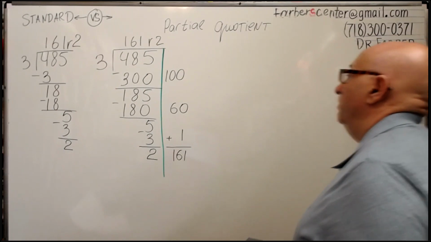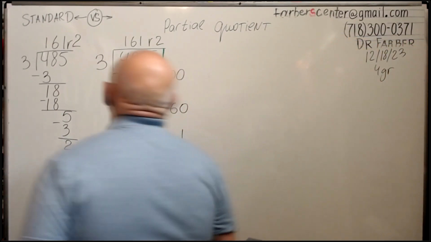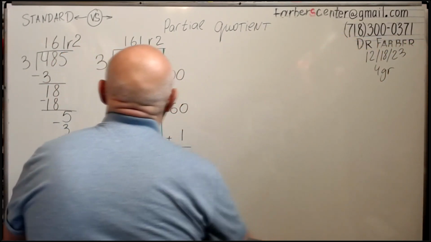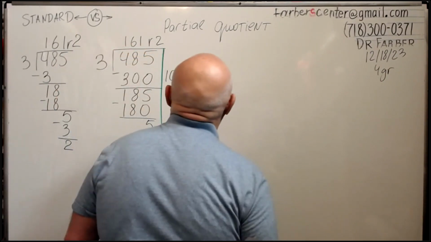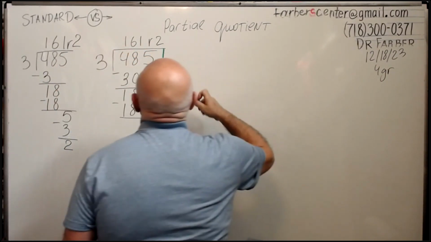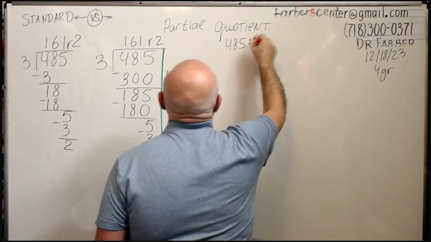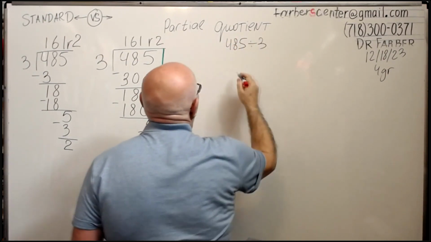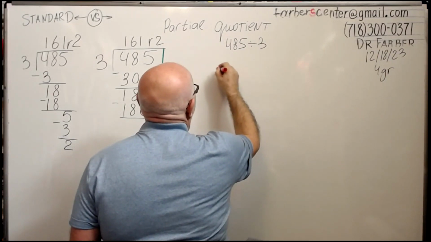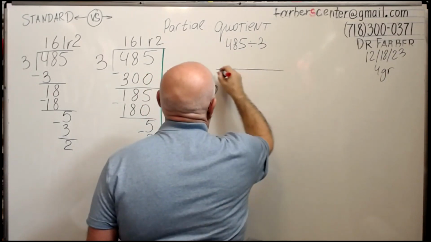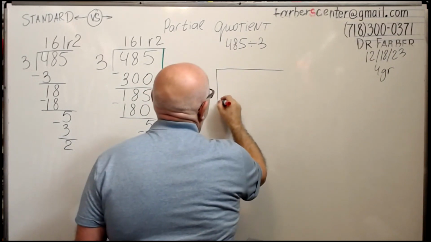Let me think. You have this example, 485 divided by 3, and create this array. Use convenient numbers.